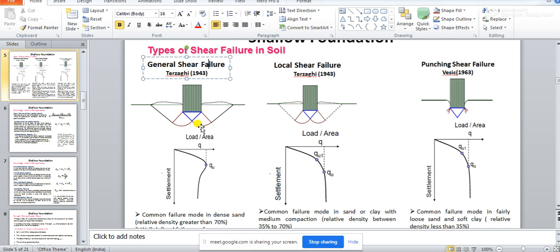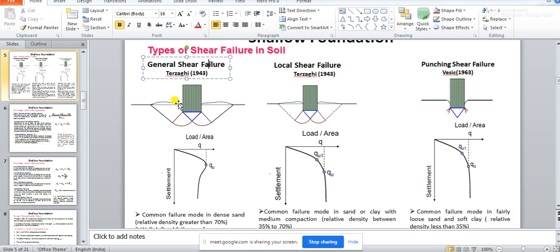While a footing fails, from Terzaghi's observation you can see very clearly that in general shear failure, just beneath the foundation there is a triangular zone, a wedge shaped zone.